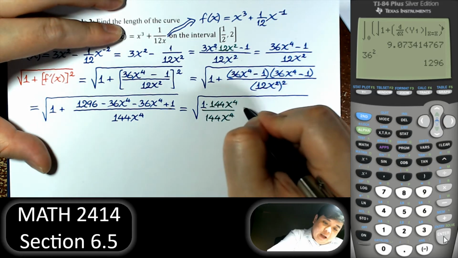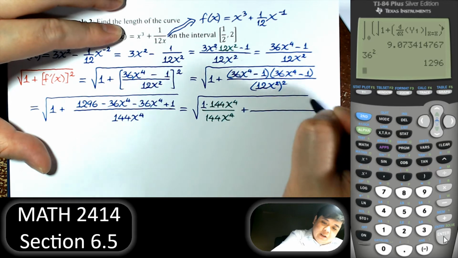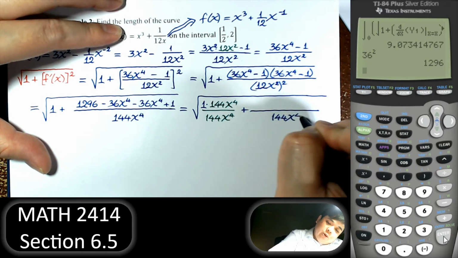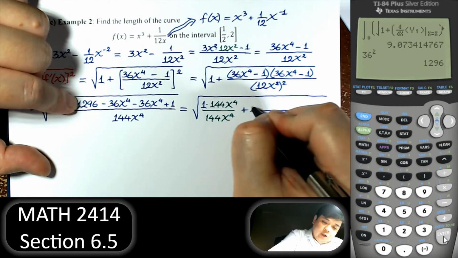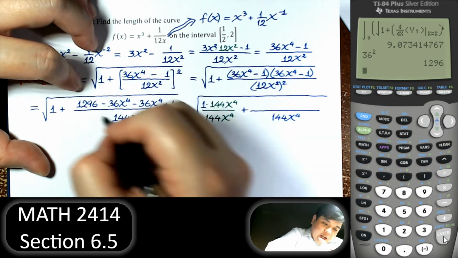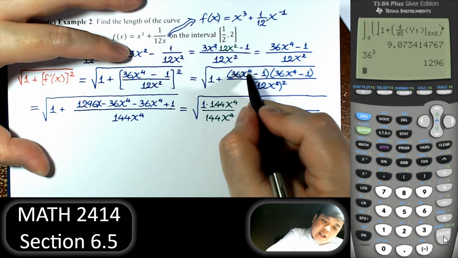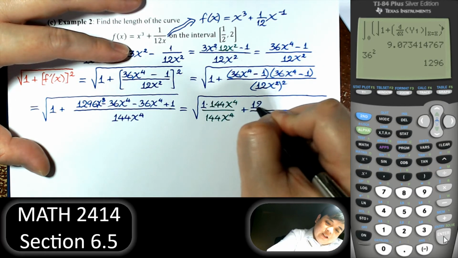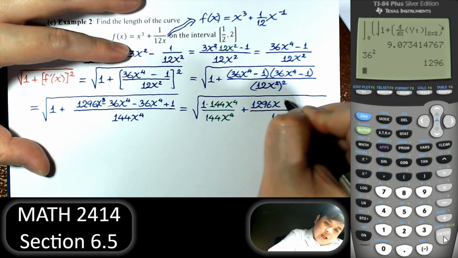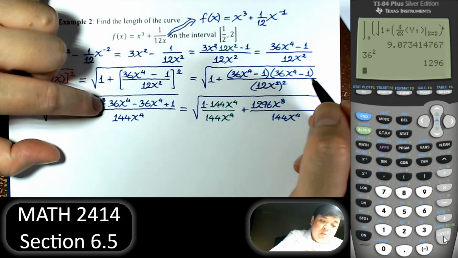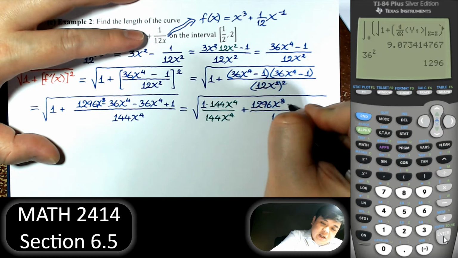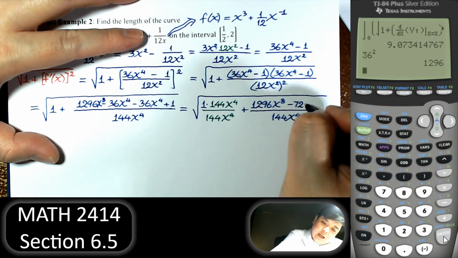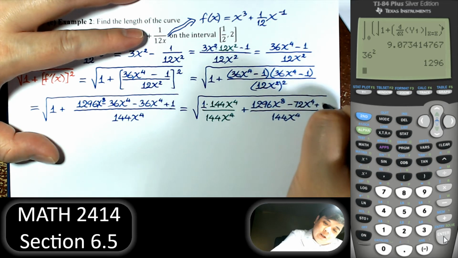And then we add 144x to the fourth. I forgot, x to the fourth times x to the fourth is x to the 8th. So we have 1296x to the 8th, minus 36 minus 36 is minus 72x to the fourth, plus 1.